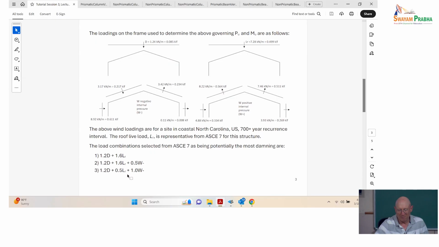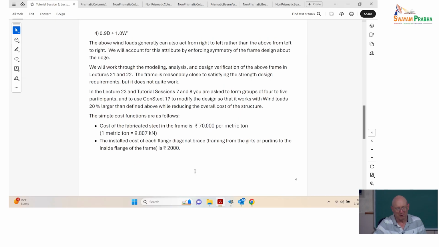And then the fourth load combination is more of an uplift load combination, 0.9 dead plus 1.0 wind with a positive internal pressure. And of course, these wind loads can act left to right or right to left, and we'll address that by ensuring that we have symmetry in our design of the frame.